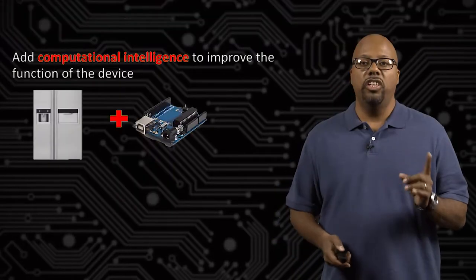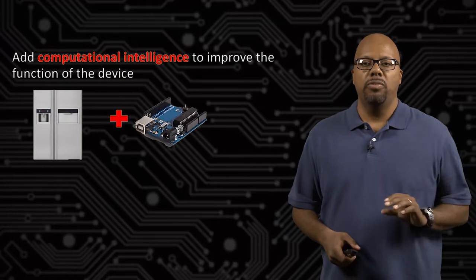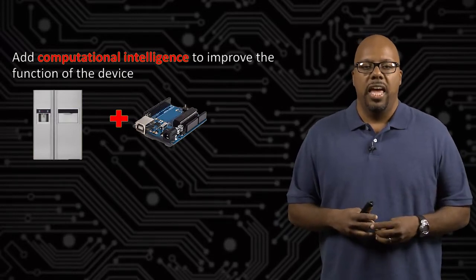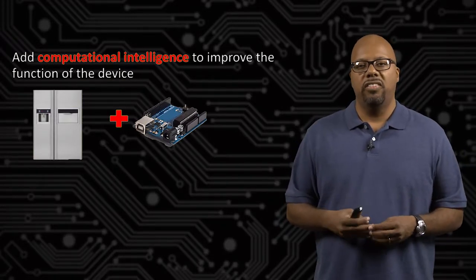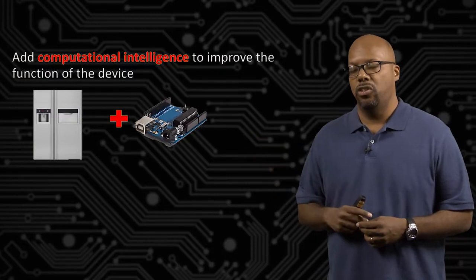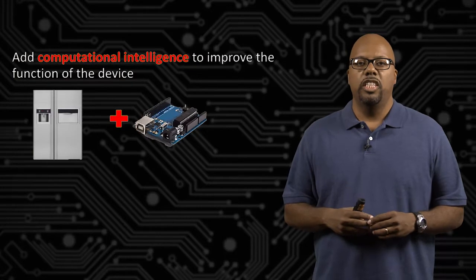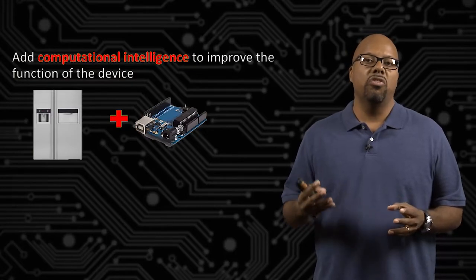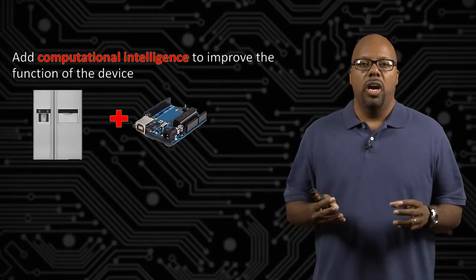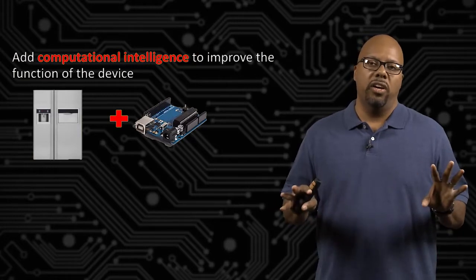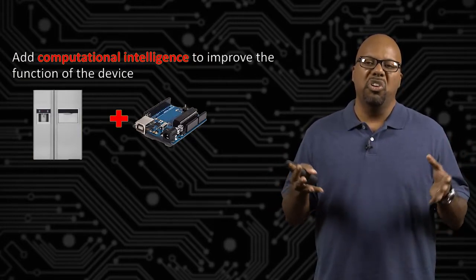Now, next thing you do is you add to that some type of computational intelligence. Usually that involves a processor like what we're showing here. That's actually a picture of an Arduino, but it could be any type of computational intelligence. Typically it's a microcontroller of some kind running some kind of code. So you see these devices all around your house, but it's a computer inside, right?